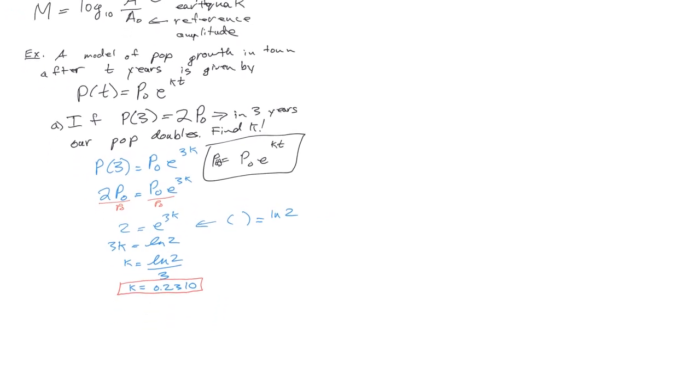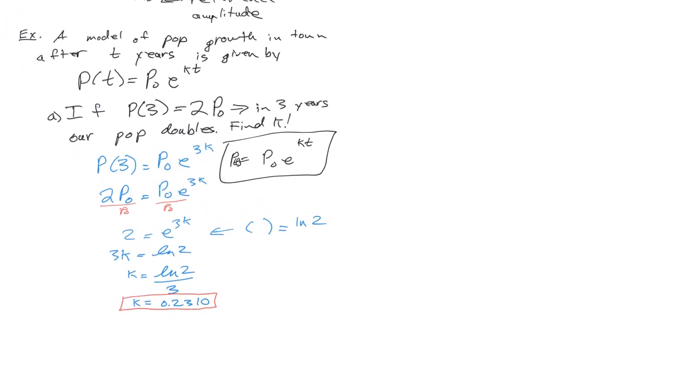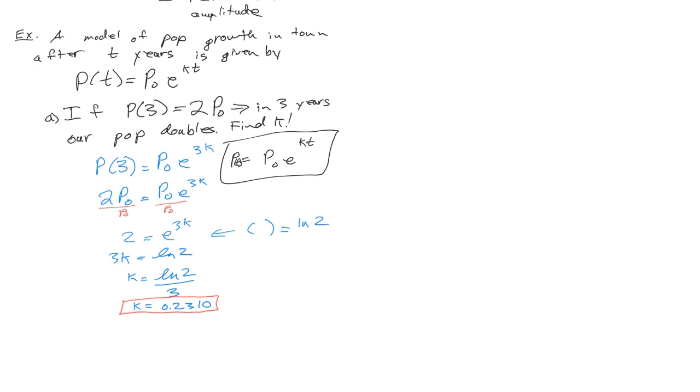All right, so with our problem, the next thing that I could ask you is this. Find t when this is true. So now I have k as that, which means our original equation is P of t is equal to P0 times e to the 0.2310 t.